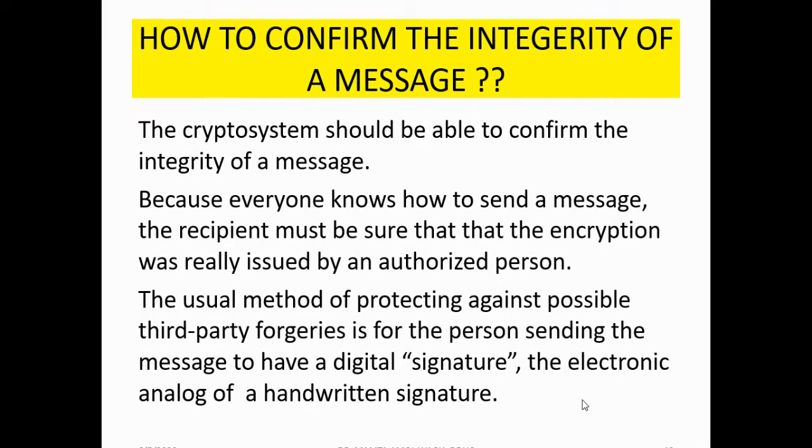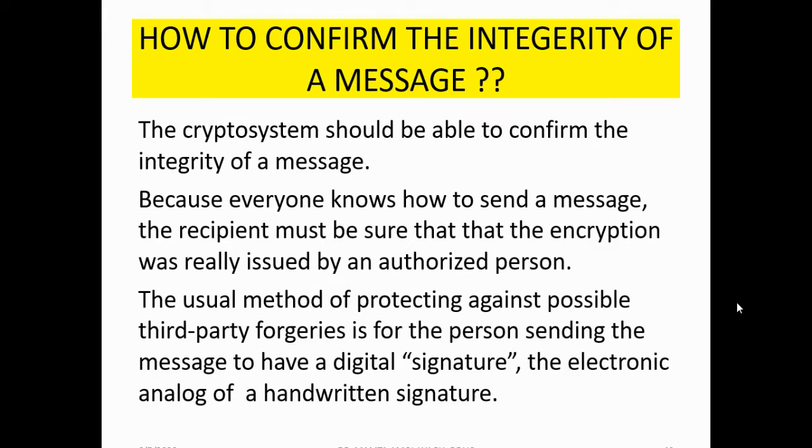Now, how to confirm the integrity of a message? The crypto system should be able to confirm the integrity of a message because everyone knows how to send a message. The recipient must be sure that the encryption was really issued by an authorized person, and the usual method of protecting against possible third-party forgeries is for the person sending the message to have a digital signature.